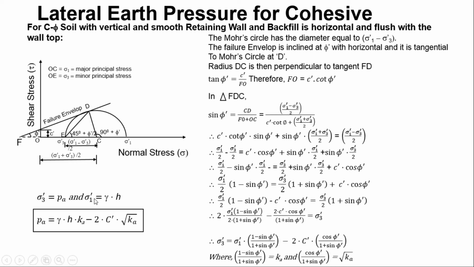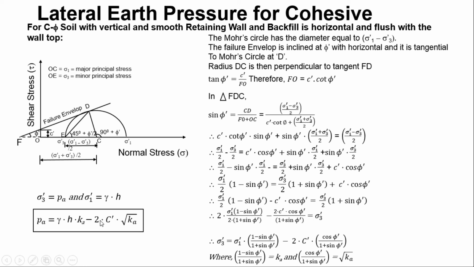Therefore, sigma 1 is the vertical pressure gamma H and sigma 3 is the lateral pressure Pa. So we can substitute Pa for sigma 3 and gamma into H for sigma 1 dash in this equation. So we get Pa is equal to gamma into H into Ka minus 2c dash root Ka.